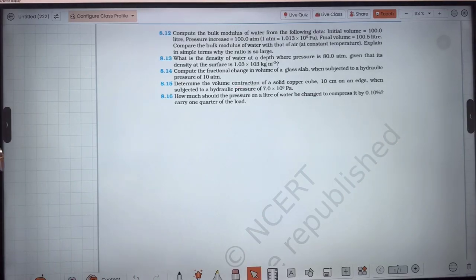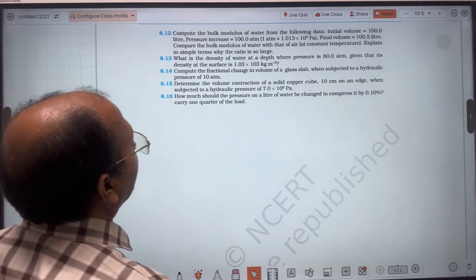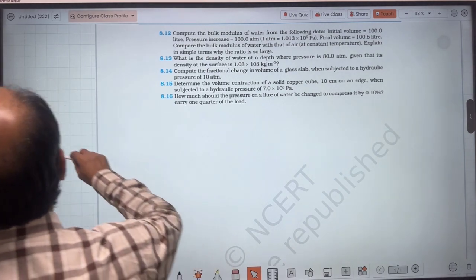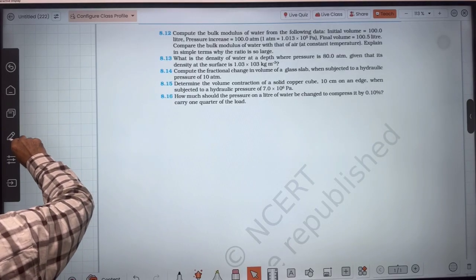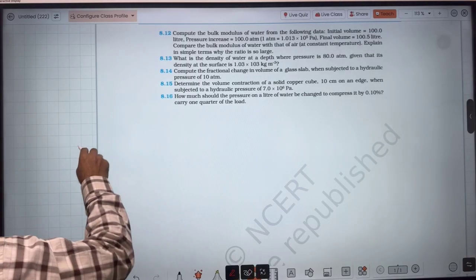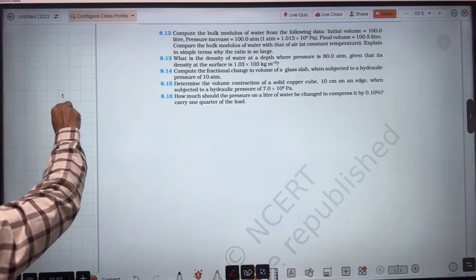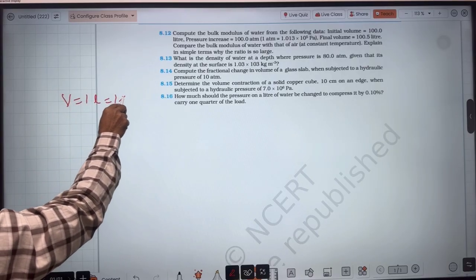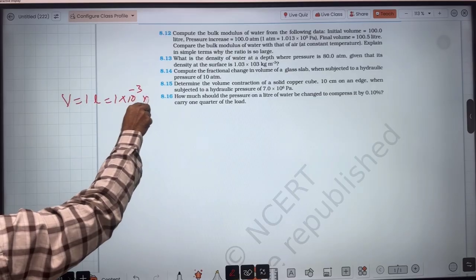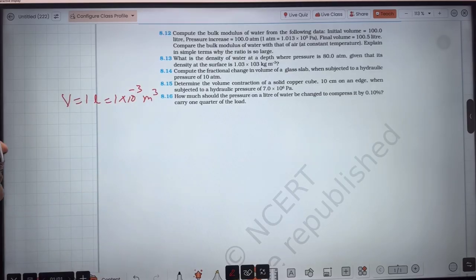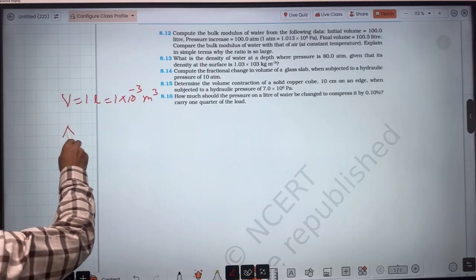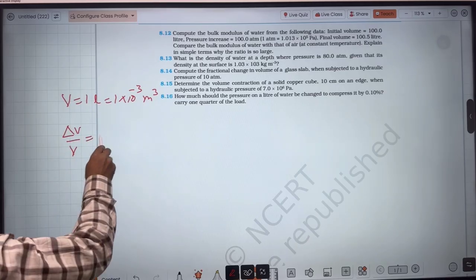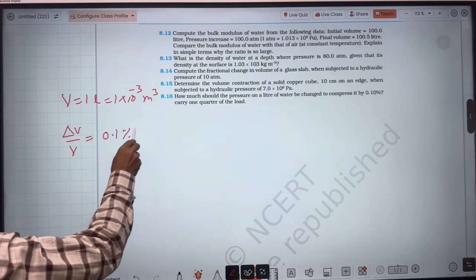Let's see next question. How much should the pressure on a liter of water be changed to compress it by 0.1%? So here percentage change is given. 1 liter volume is given. 1 liter, that is 1 into 10 to the power minus 3 meter cube, and compression means delta V upon V is given as 0.1%.